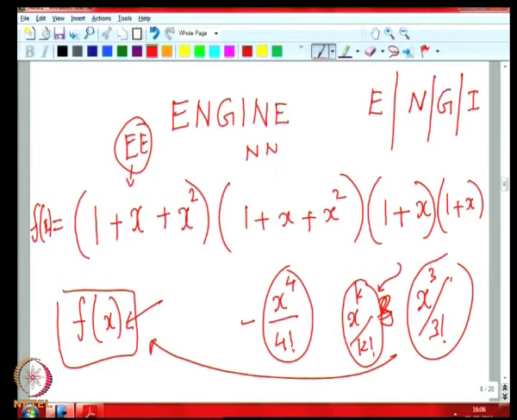So, that way f of x is going to be the generating function for this count, the sequence of numbers defined by the kth term of the sequence being the number of ways of permuting the letters after selecting k letters from this, right.